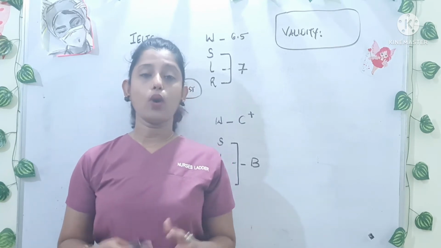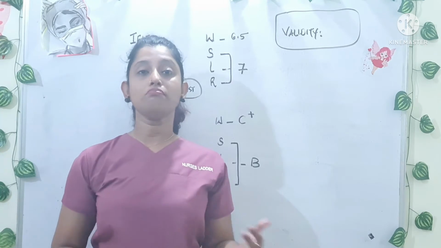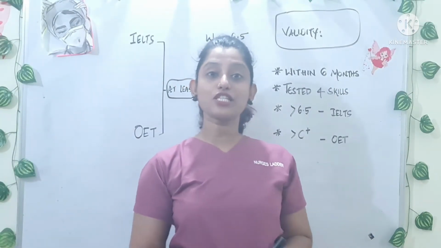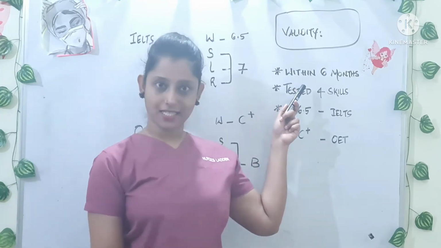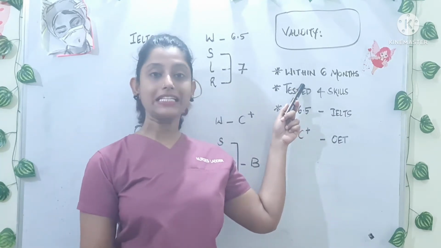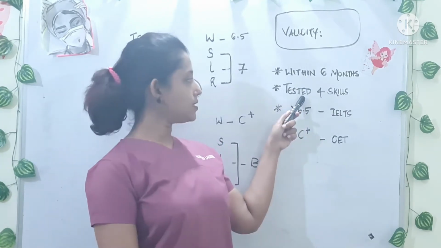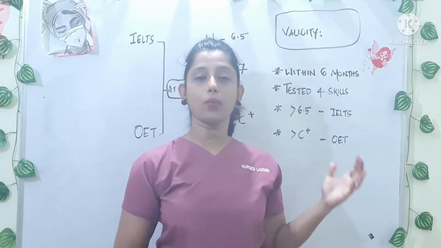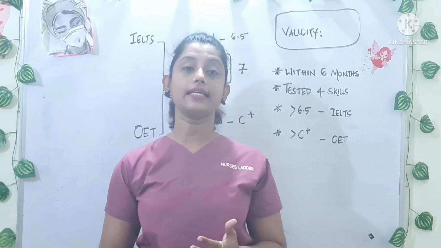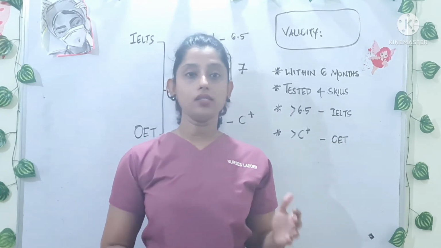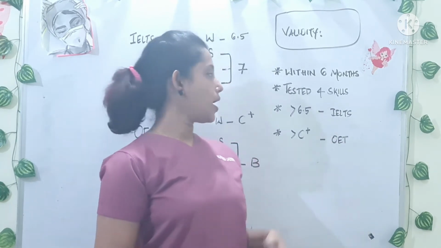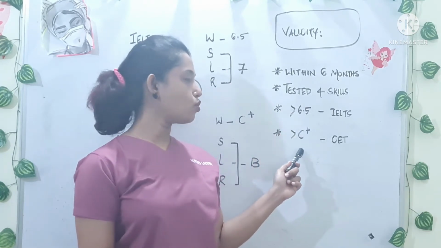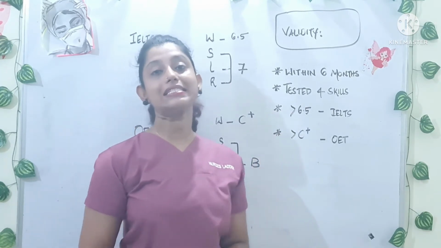Now let's see what other criteria you need to meet if you want to club your score. The first one is you should sit for the 2 different tests within 6 months. The 4 skills, writing, speaking, reading and listening, must be assessed in all the 2 tests, and the scores of IELTS must be more than 6.5 and the scores of OET must be more than C+.